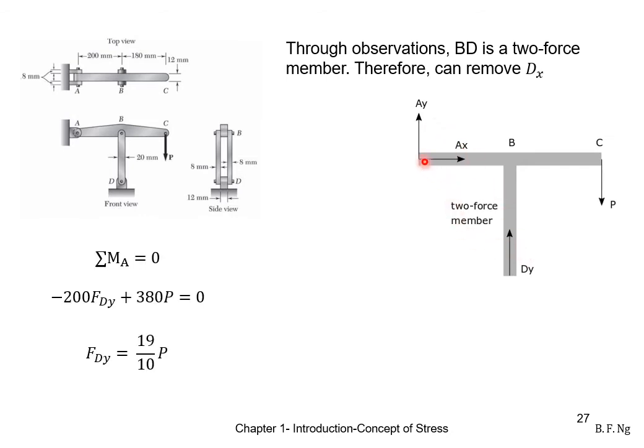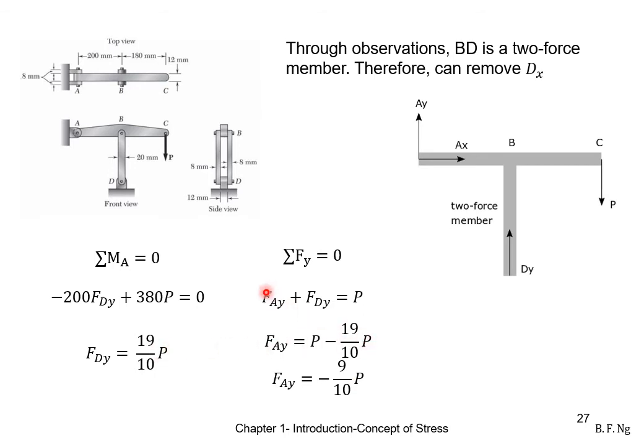If we take moments about A, we are only left with Dy. The expression will be Dy times the distance AB in the anti-clockwise direction, as such we put a negative sign, plus P times the distance AC, which is 380, in the clockwise direction. And we let it equal 0. We obtain this expression here.